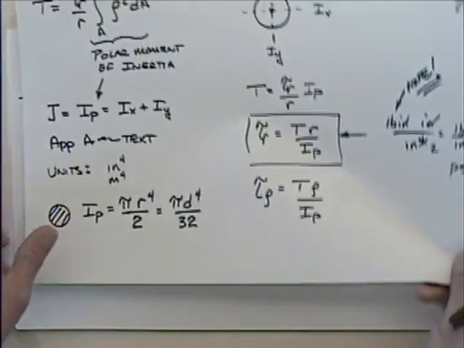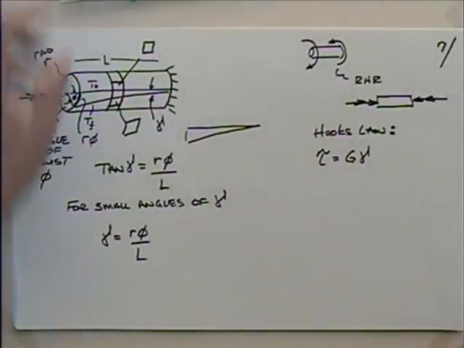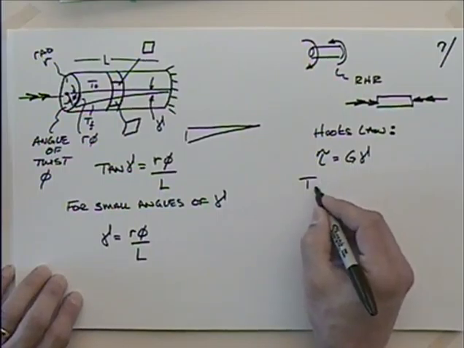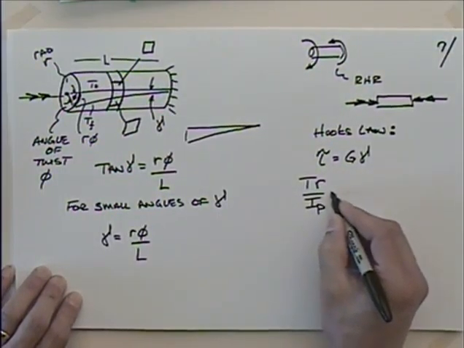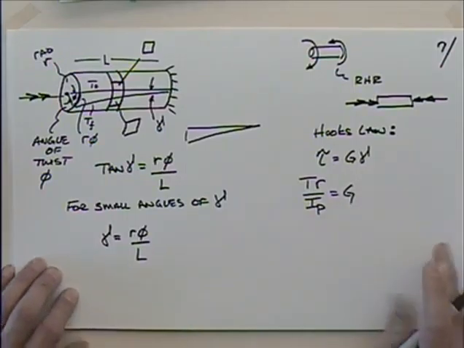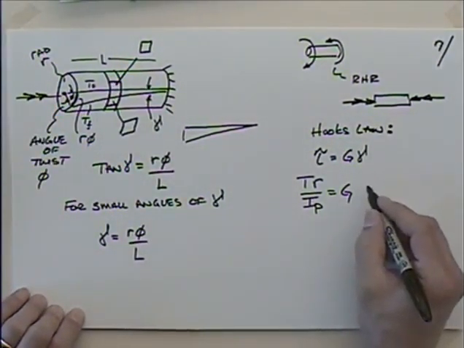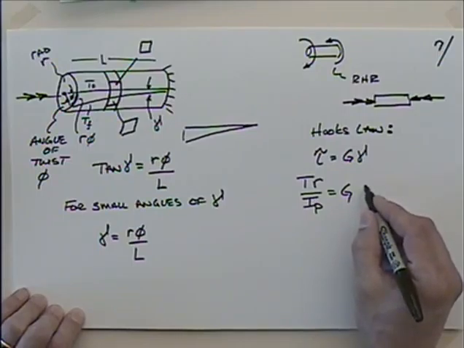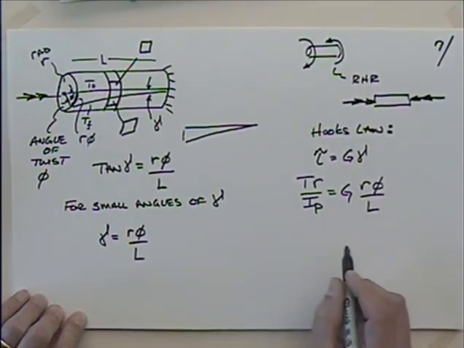So tau is the torque times the radius divided by the polar moment of inertia, equal to G, the shear modulus of elasticity, times gamma. We just found gamma could be approximated, and is a good answer if we have small angles of twist, as R times phi divided by L.